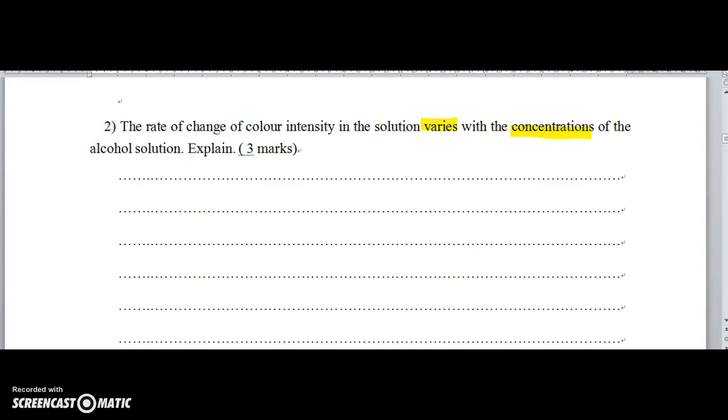So what you need to know is the change. You need to describe the change. That is, higher concentration of alcohol will lead to a deeper color. That is the first thing.